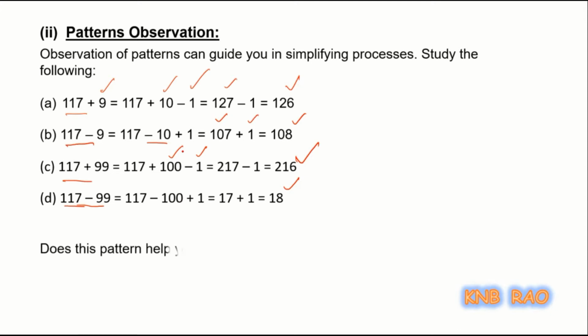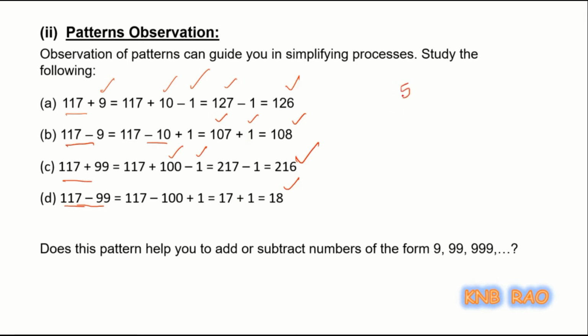So, does this pattern help you to add or subtract numbers of the form 9, 99, 999? Obviously. For example, I have got a number 543. To this I wanted to add 99. So, what can we do?